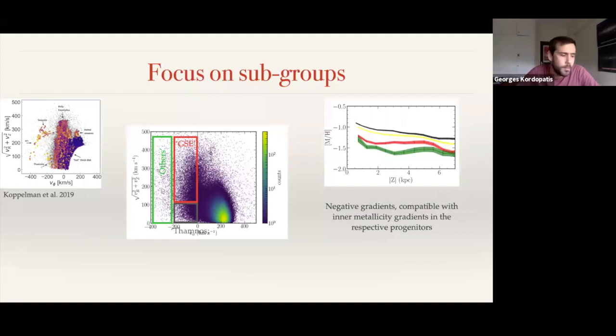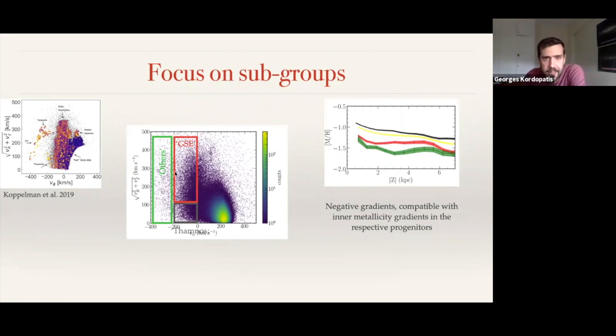So we need to go a bit more into a classical approach, selecting now stars in regions in the velocity space. So I buried myself in this plot of Koppelman and collaborators in 2019, which shows the Toomre diagram here again. And you can see here identification of the Gaia Enceladus, the Sequoia accretion event that I have briefly mentioned before, and Thamnos here.